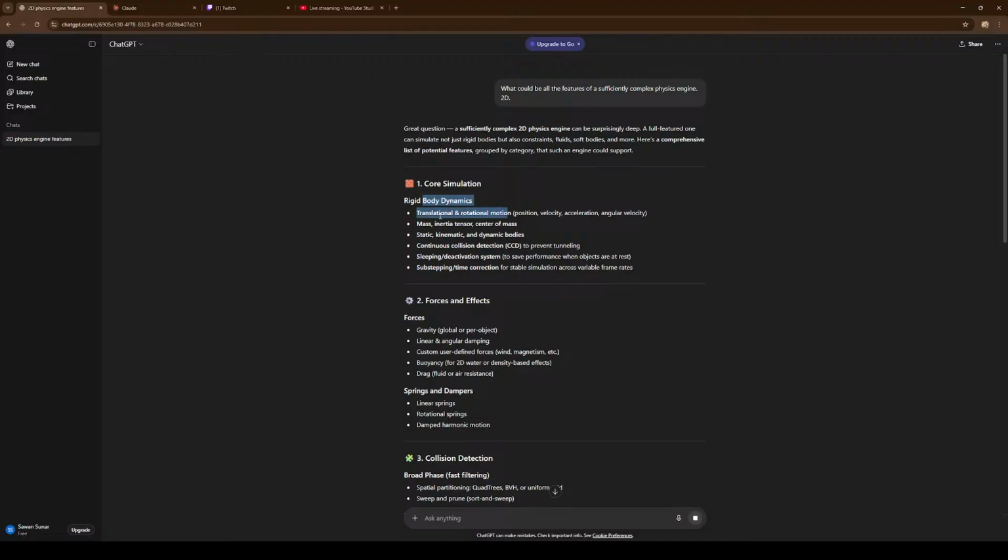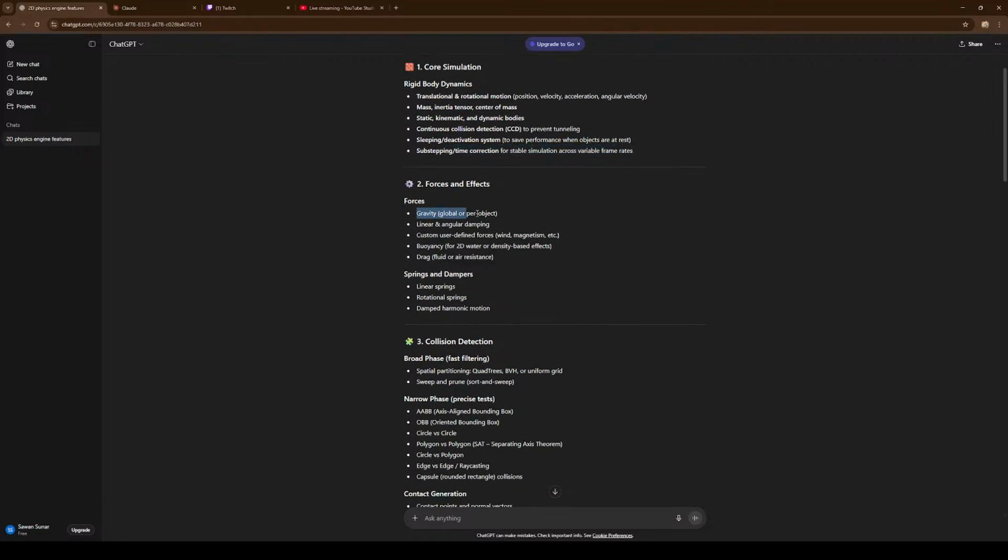And rotational motion. These I know: static, kinematic, dynamic bodies, continuous collision detection. Yes, CCD to prevent tunneling, a sleeping deactivation system to save performance. Forces: gravity, obviously, drag, buoyancy for water, much later, I guess.